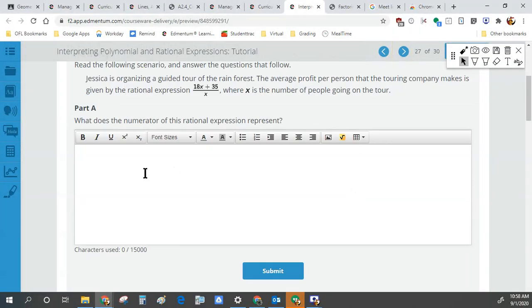Okay, well, what does this represent? This represents the total amount of money Jessica is getting from the tour. We're dividing it by the number of people on the tour because it's going to show our average profit. A better word would be profit, because we're talking about profit.